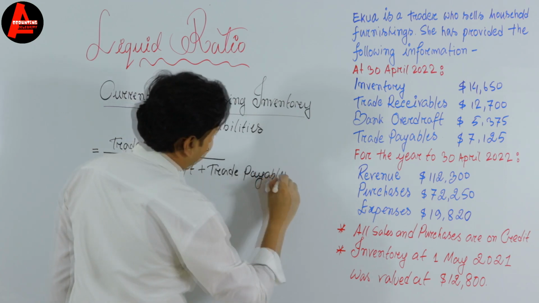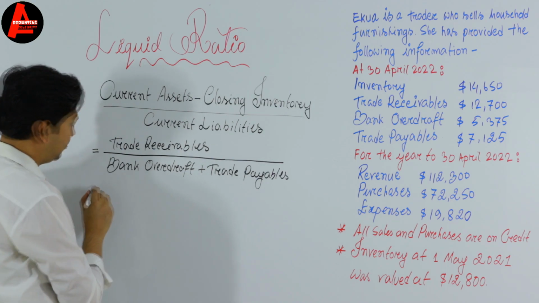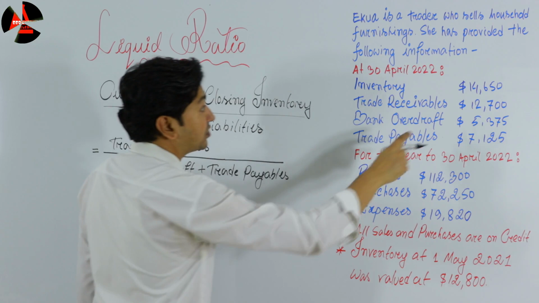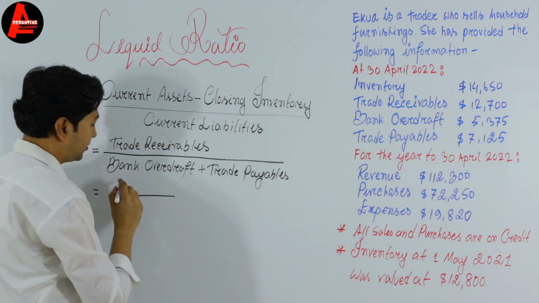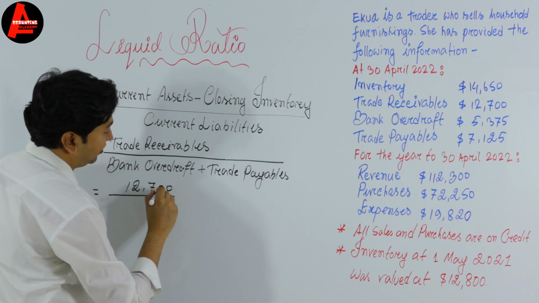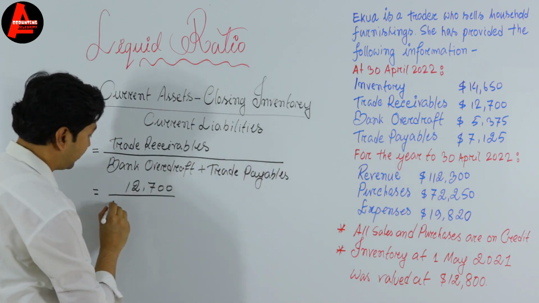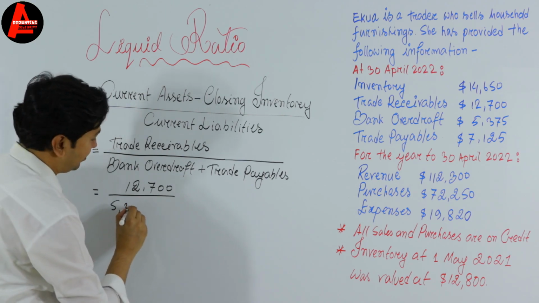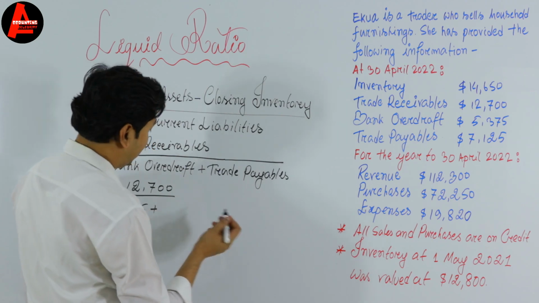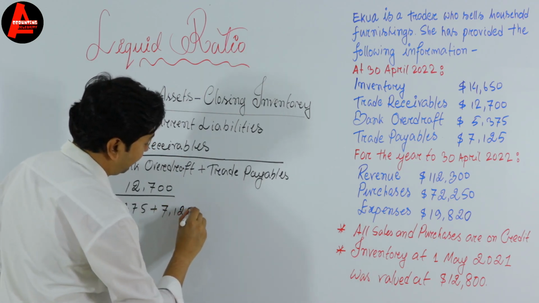Now we will write the amounts. Our trade receivables are $12,700. Then our bank overdraft is 5,375, plus we have trade payables of 7,125.